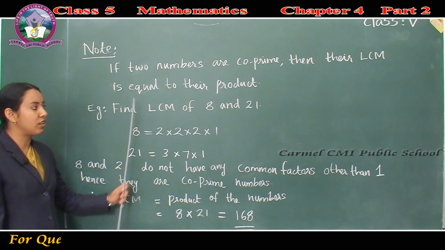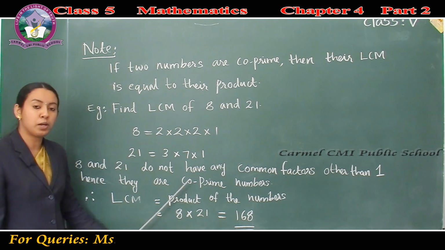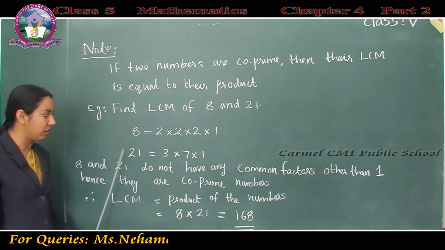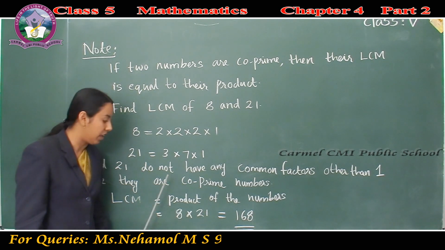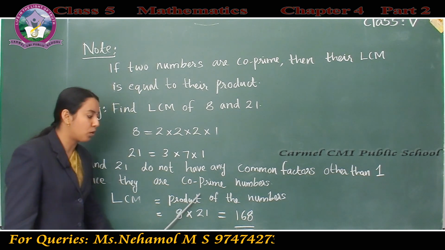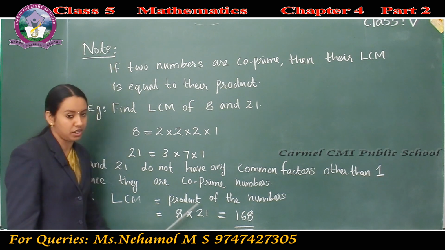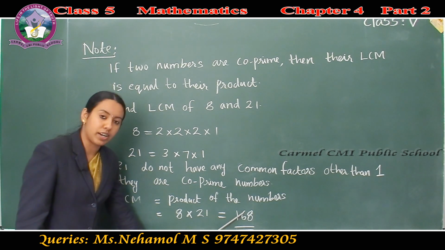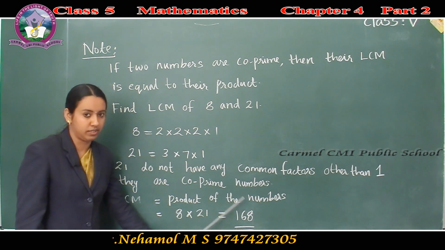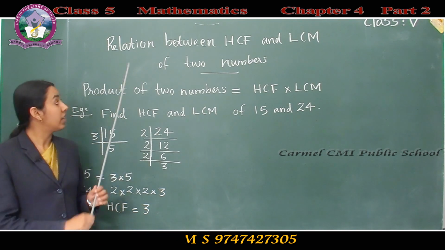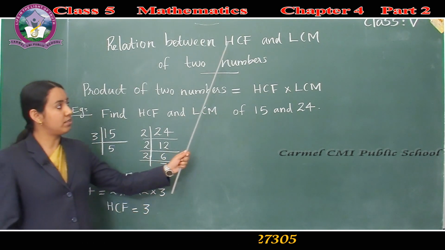So LCM will be equal to their product. Multiply the given numbers, 8 into 21. LCM is equal to the product of the numbers, that is 8 into 21. 8 into 21 is 168.